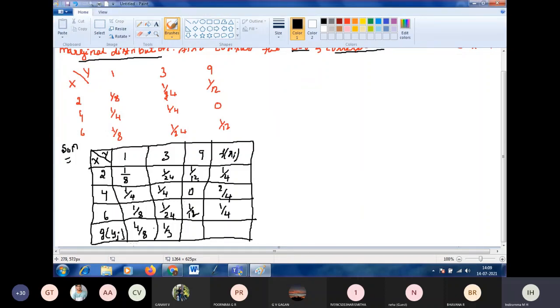Next, 1 by 12 plus 0 plus 1 by 12 means 2 by 12. That is 1 by 6. Now add 1 by 4 plus 1 by 2 plus 1 by 4. 4 is LCM. 4 by 4, that is 1. Is it right?